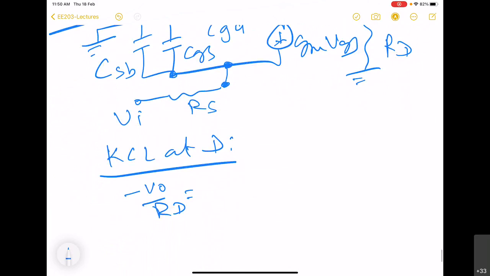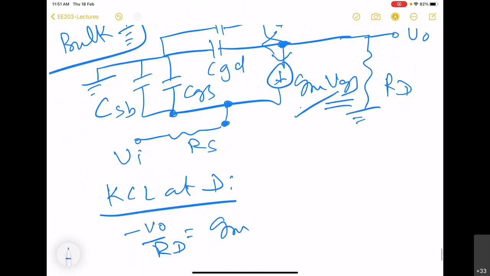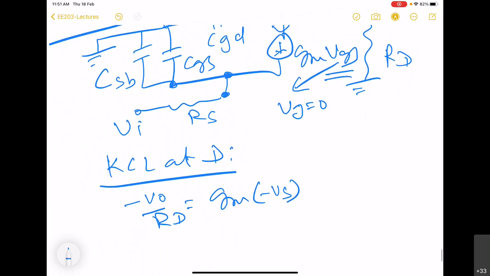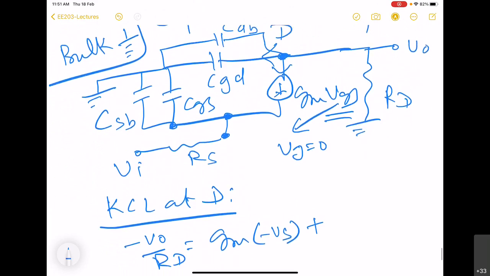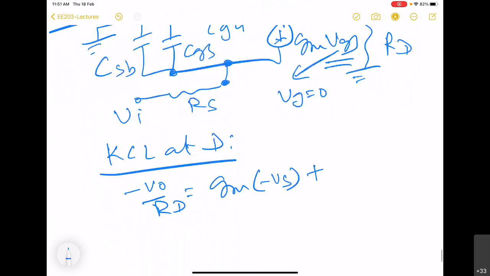So this becomes gm VGS, out of which VG is grounded, so this becomes minus VS, plus this current going through both the capacitors, which can be written in terms of VO divided by the parallel combination of both the capacitors.